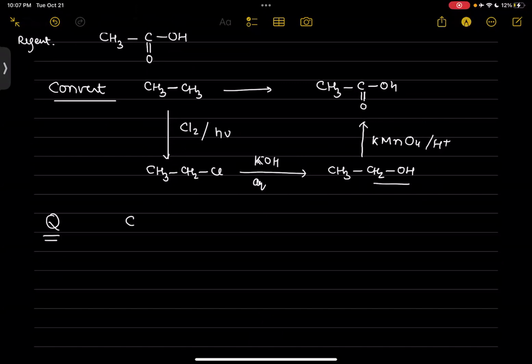From the chapter of alcohols and the chapter of carboxylic acids combined. Okay, I have given you propane. Clear?